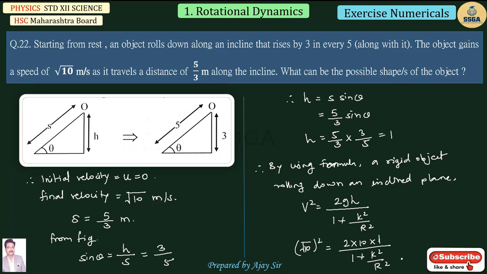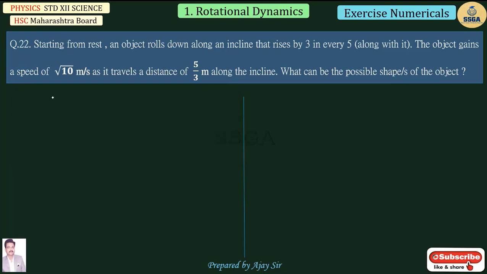So taking the square of the left hand side, under root of 10 square means 10 only.